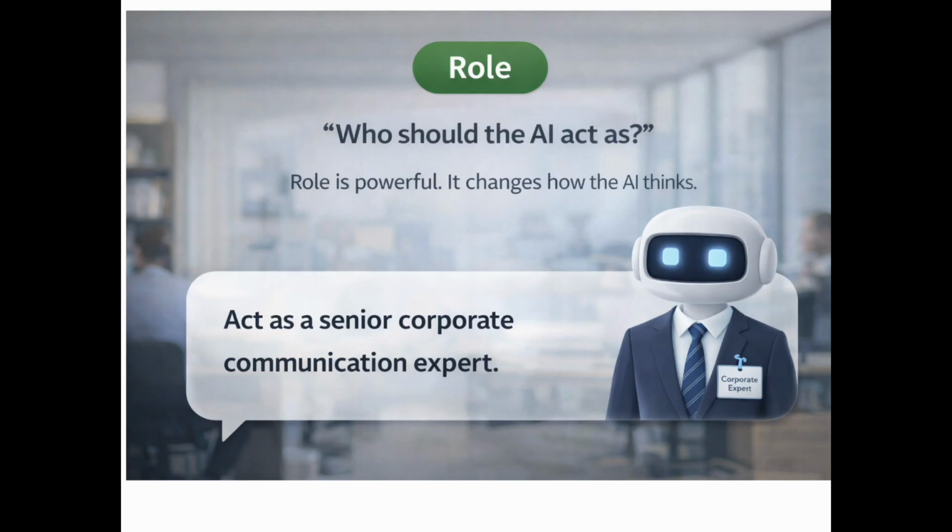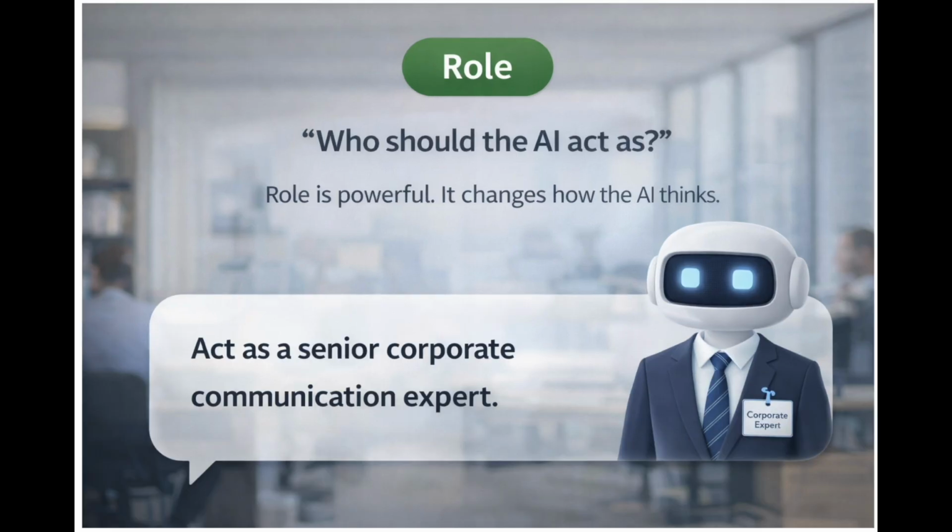Without a role, the AI writes generically. With a role, the AI writes with intent. So that's CTIDR, the framework that grounds the AI. Once the AI is grounded, we can then decide how it should think. And that's where prompt styles come in.